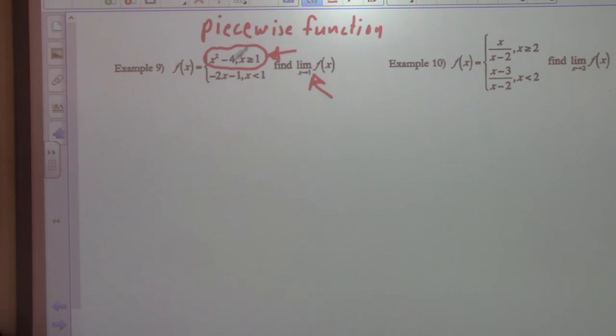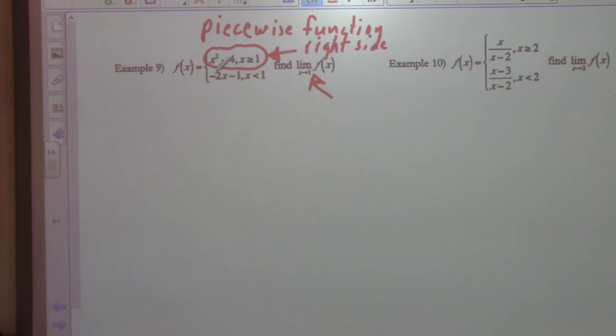So x squared minus 4 when x is greater than or equal to 1. Which side is that? That's our right side limit, right? So that's going to determine our right side limit.